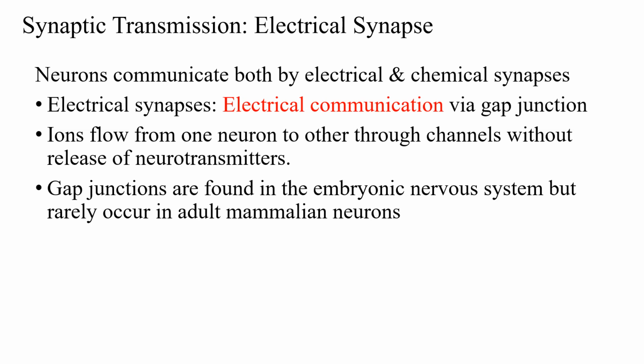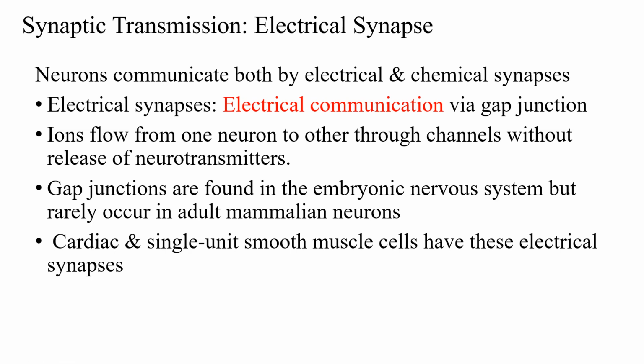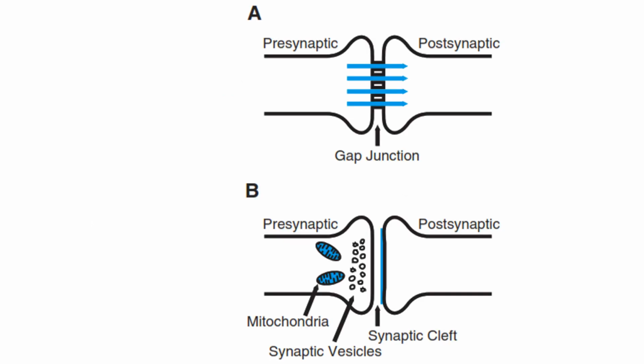Smooth muscle is of two types: single unit and multiple unit. Cardiac and single unit smooth muscle cells have these electrical synapses. You can see here the presynaptic cell and postsynaptic cell. They are directly linked with each other. No need of chemical communication.